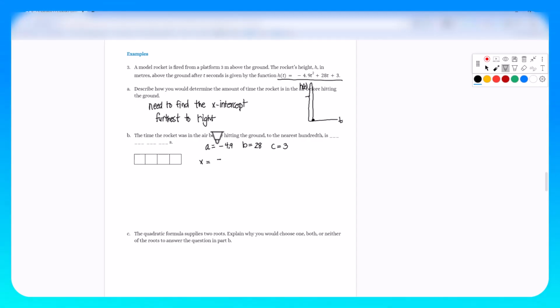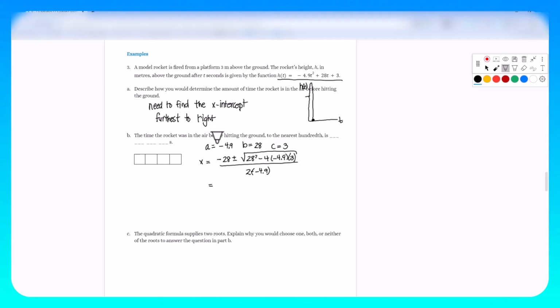negative b, which is negative 28, plus or minus the square root of 28 squared minus 4 times a times c, all over 2 times negative 4.9.